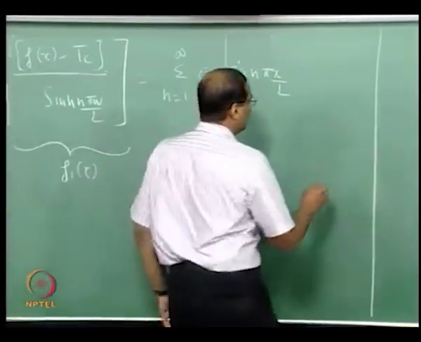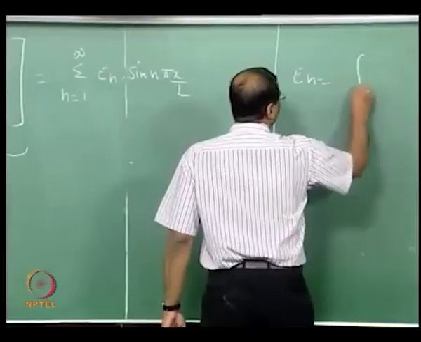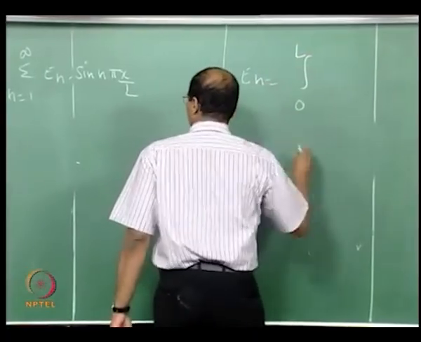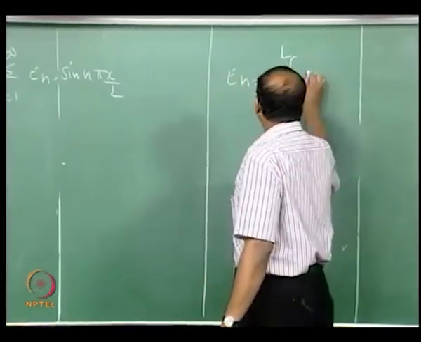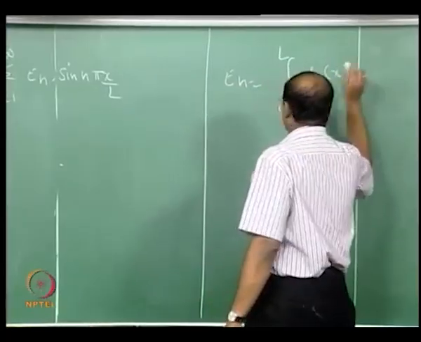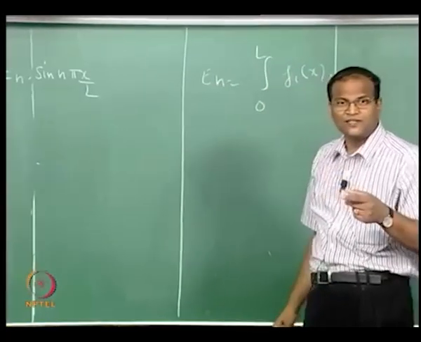So En must be f1 of x into g of x. What is g of x?